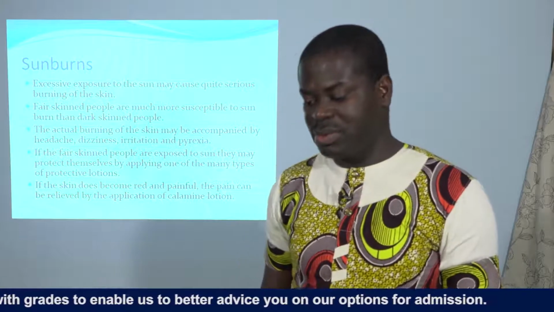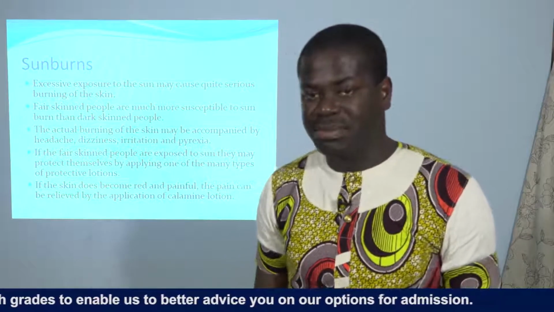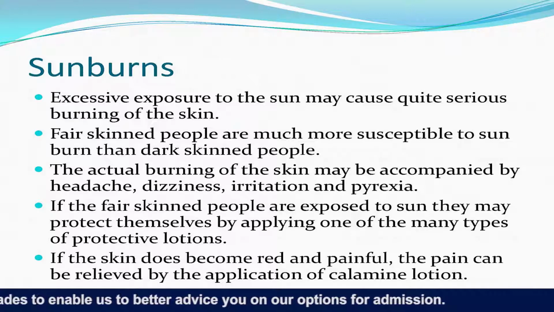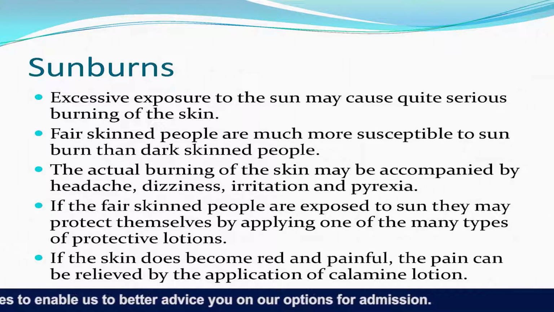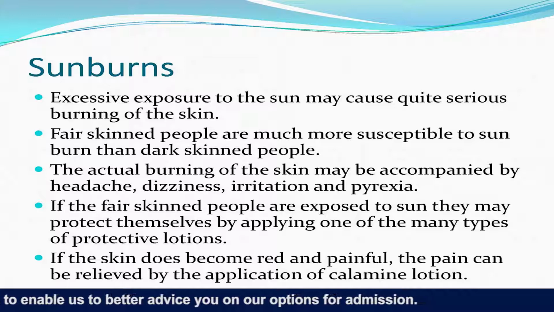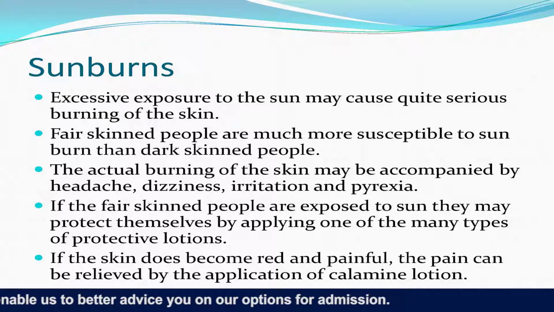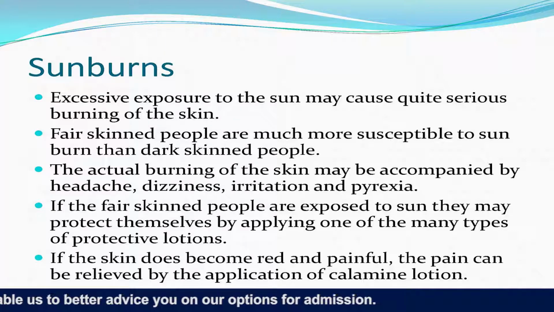So dark people are able to withstand the sun better than people who are light-skinned. The actual burning of the skin may be accompanied by headache, dizziness, irritation, pyrexia. If fair-skinned people are exposed to the sun, they may protect themselves by applying one of the many types of protective lotion. If the skin does not become red and painful, the pain can be relieved by application of calamine lotion.